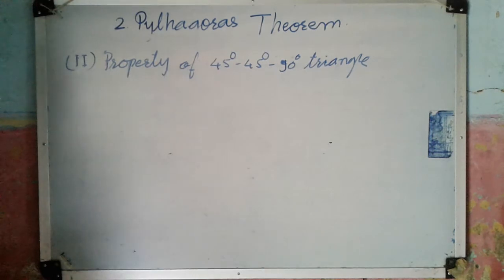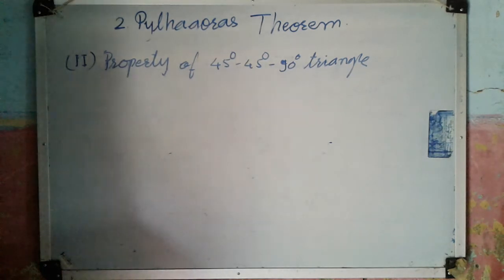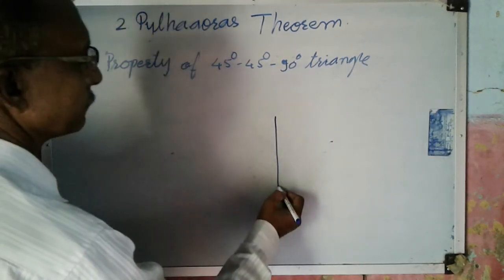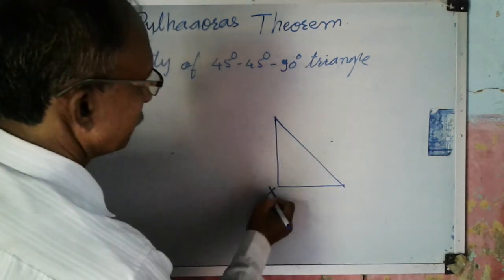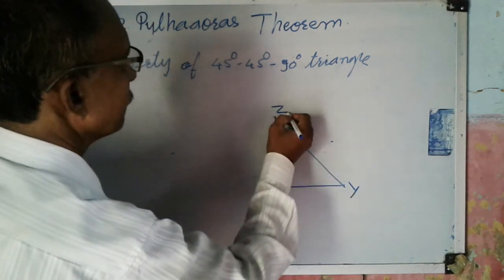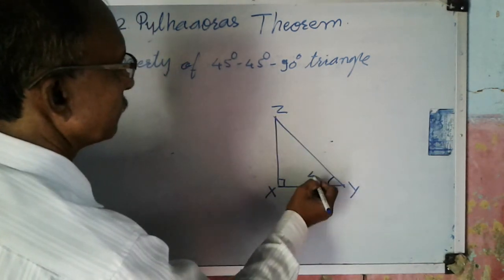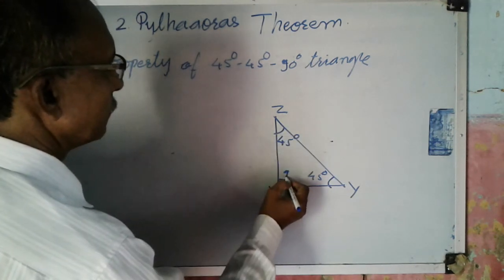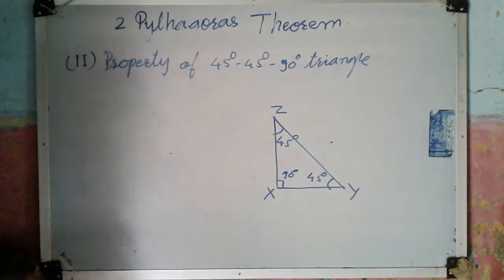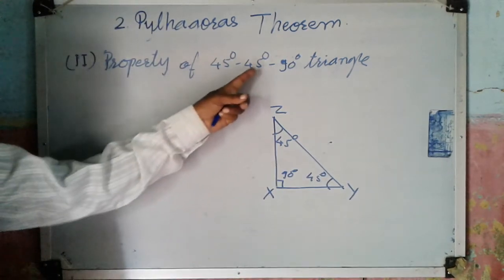Now we will study the second property, the property of the 45 degree, 45 degree, 90 degree triangle. This is also a right angle triangle. Suppose this is triangle XYZ with angles 45 degree, 45 degree, 90 degree.